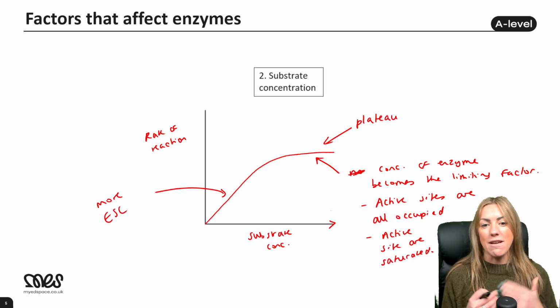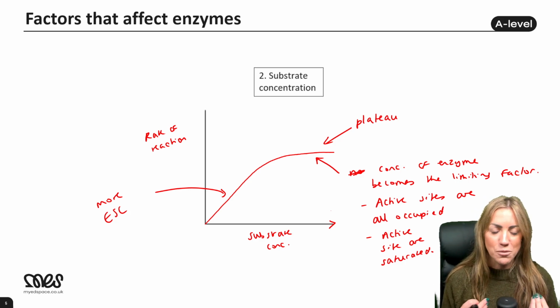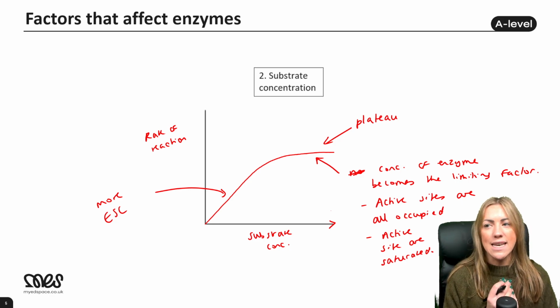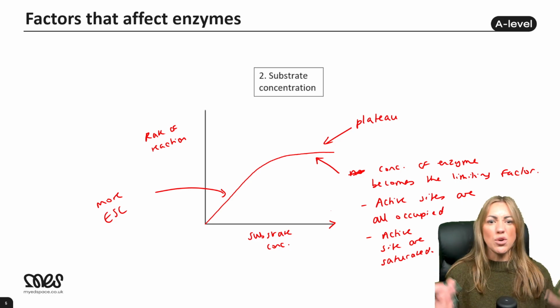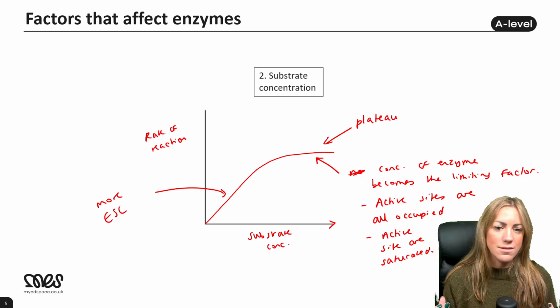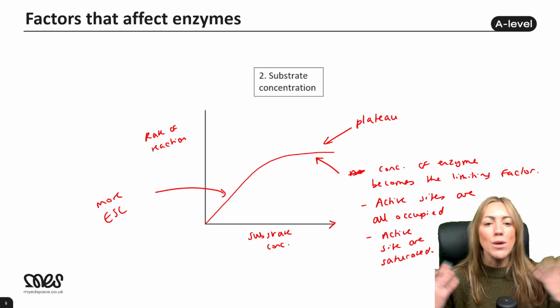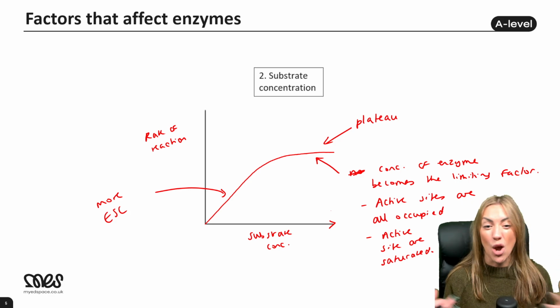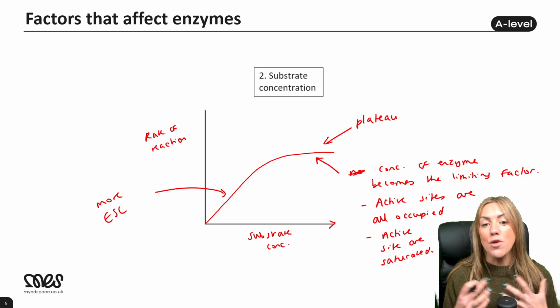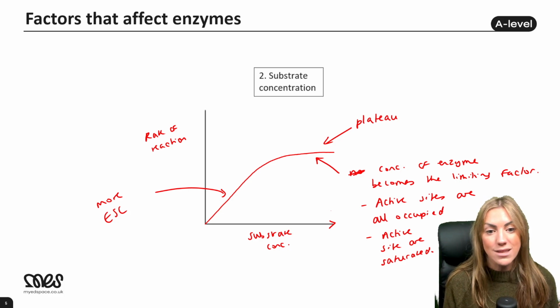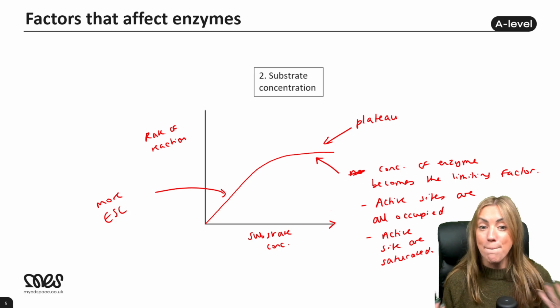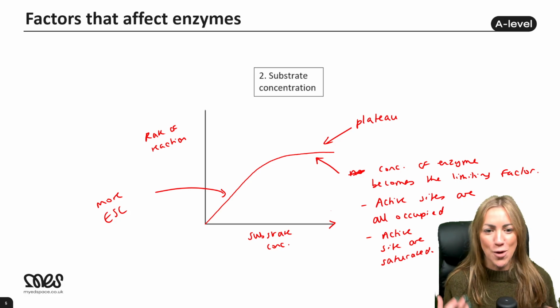If we think again about my factory analogy, which I think is quite handy for this, it's like you keep adding more and more car parts and you want to make more and more cars in the car factory, but you've only got so many workers and they can only work so quickly. So there's no point keep adding more and more car parts and expecting to get more cars made unless you increase the number of workers available to make the cars.